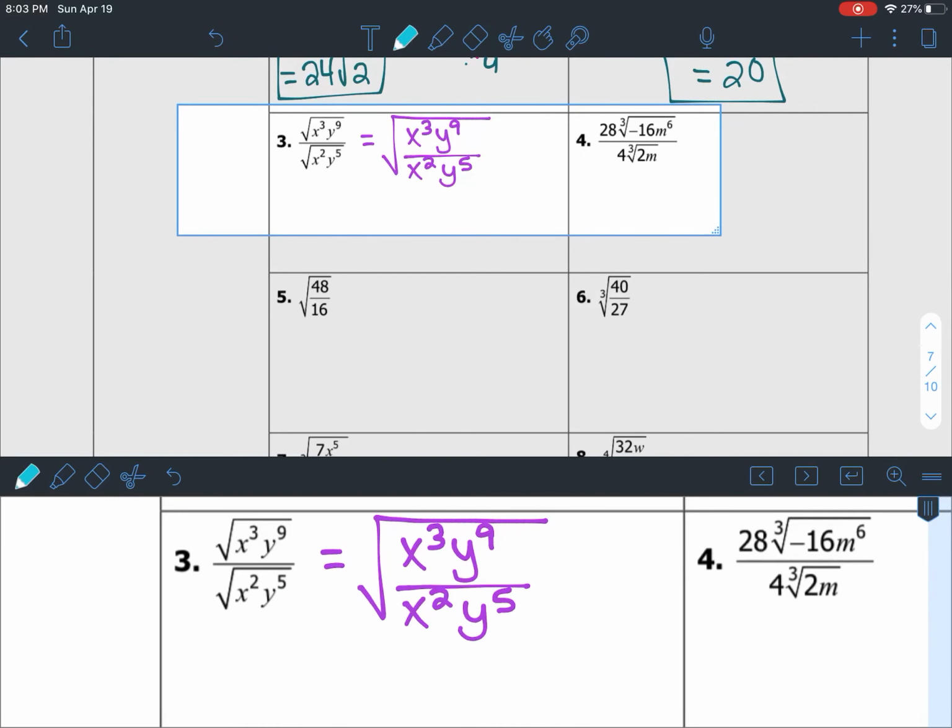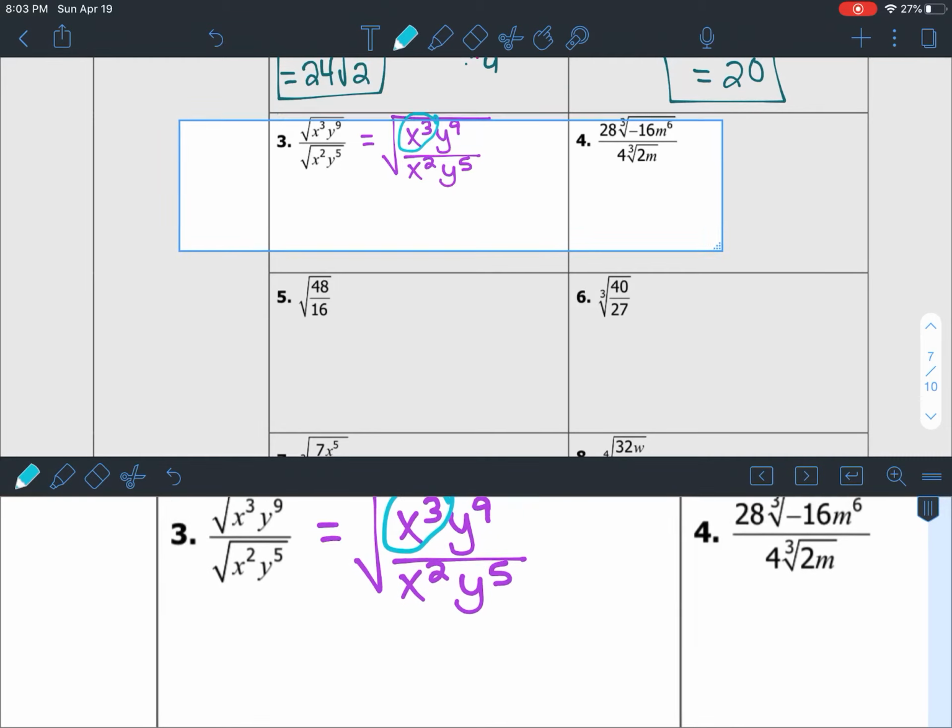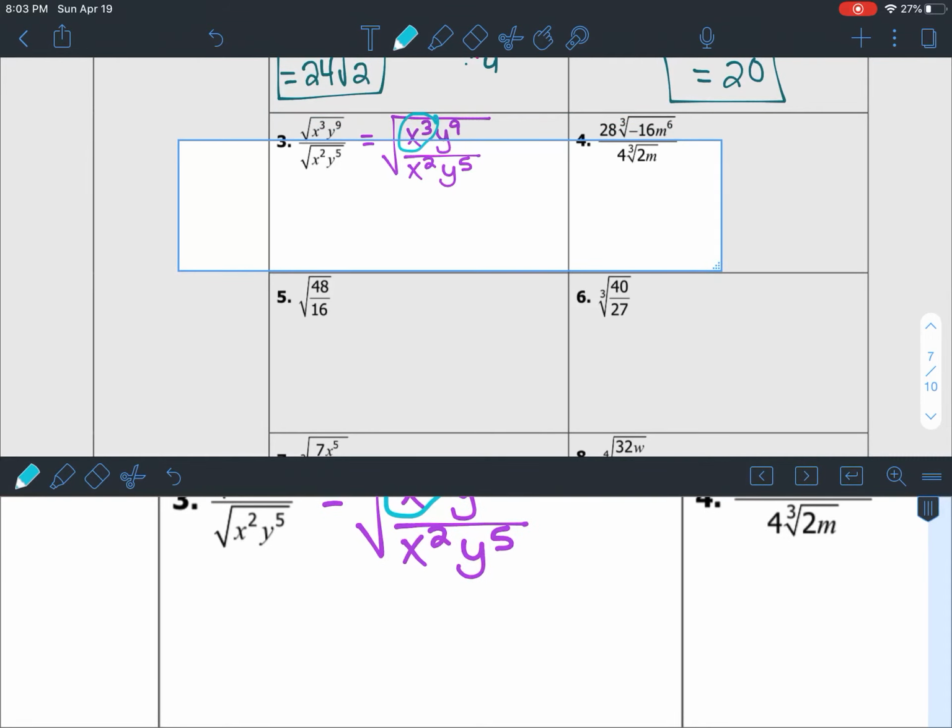So when we divide variables like this, I don't know if you remember doing this, but you look at where is the bigger variable. So if we look at our x's, there's 3 x's on top, 2 x's on bottom. That means that there's going to be more x's on top than there are on bottom. So if I went ahead and cancel these out, I have 1 more x on top than I do on bottom.